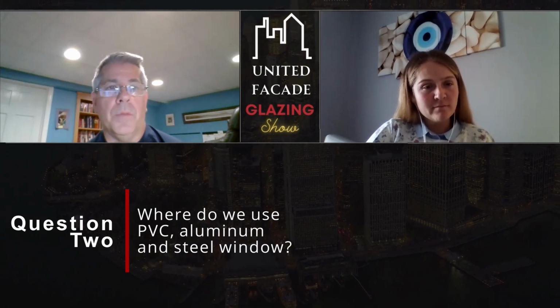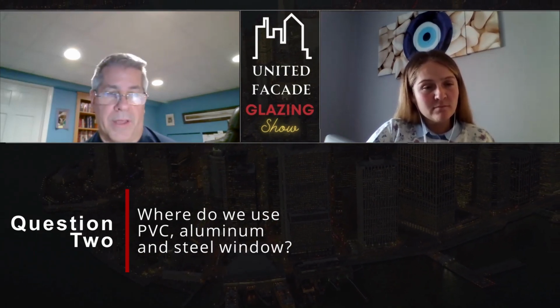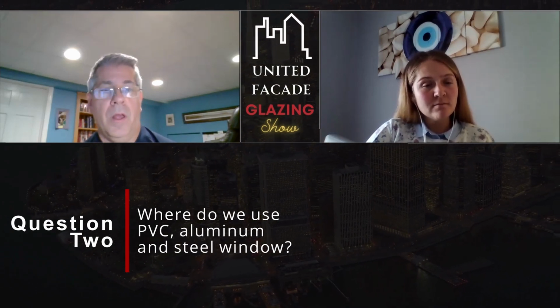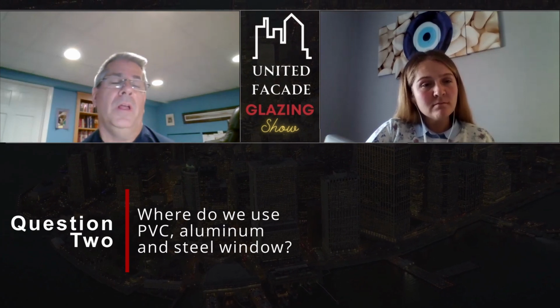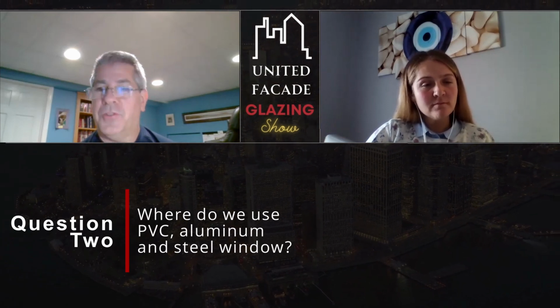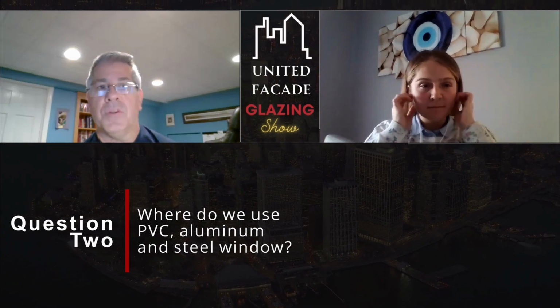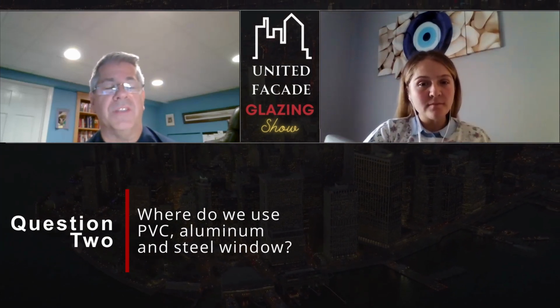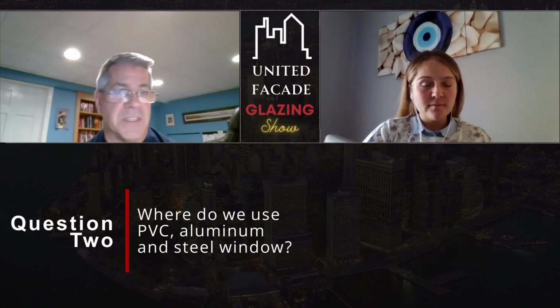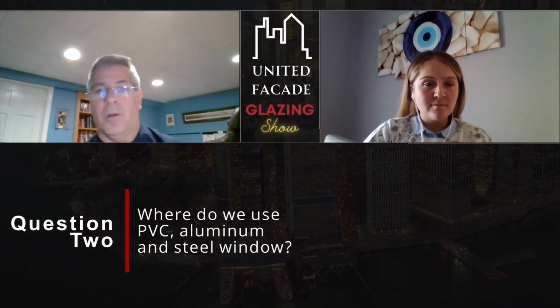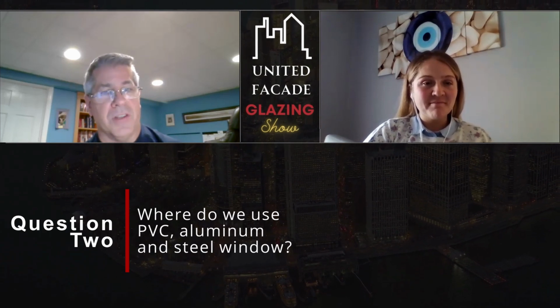Additionally, with aluminum, you can put a thermal break between the exterior of the window and the interior of the window. A thermal break will be very beneficial to people who live in a colder climate, where the outside temperature might be in the freezing range of 0 degrees Celsius, but meanwhile you want to be comfortable inside at whatever temperature you like inside your building.